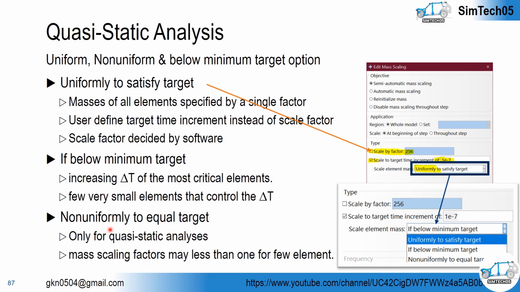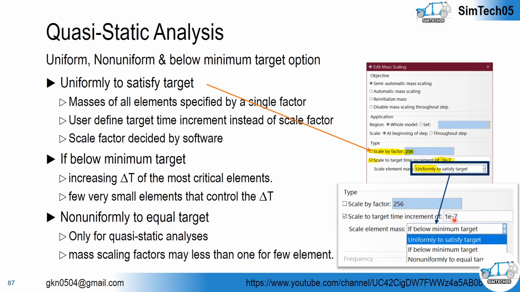And the last is non-uniform to equal target. This is valid only for quasi-static, and the mass is non-uniformly distributed in the complete model to achieve a fixed target time increment. Like I want to target an increment size of 1e-6.